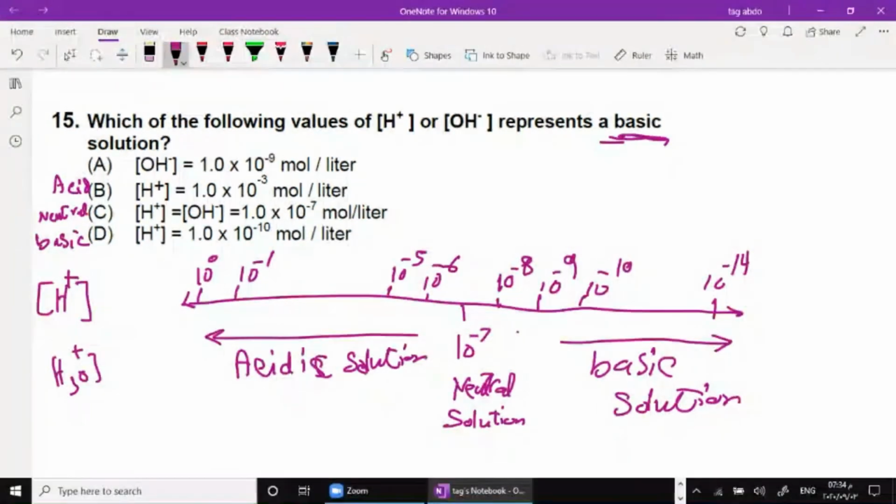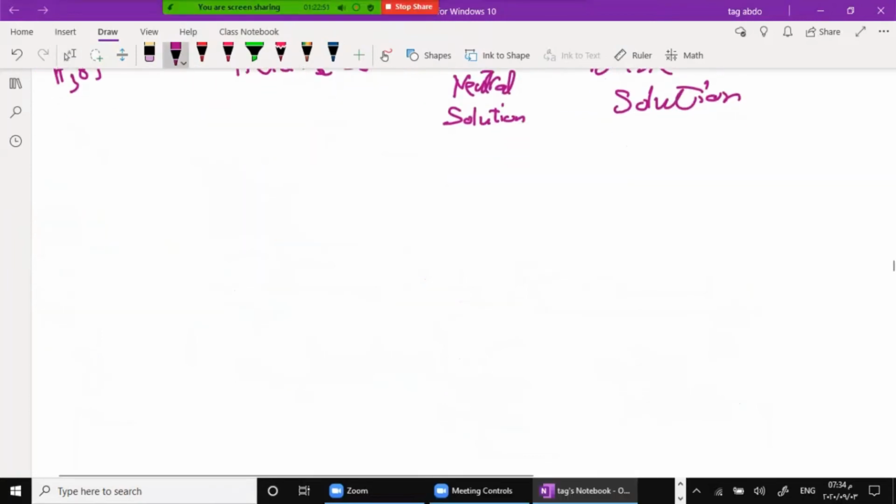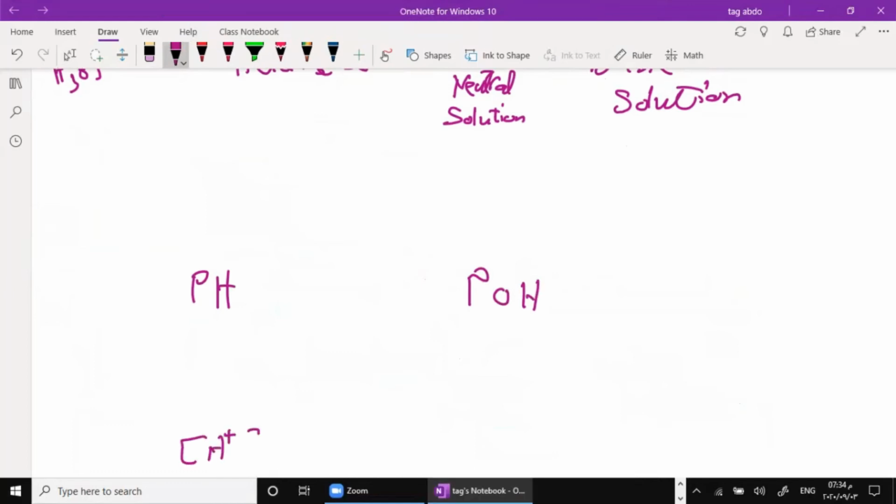But for option A, OH minus equal 1 times 10 to the minus 9th. You remember, I think we have taken this before. To convert between pH, H plus, and OH minus values, use 10 to the minus 14th divided by the value.